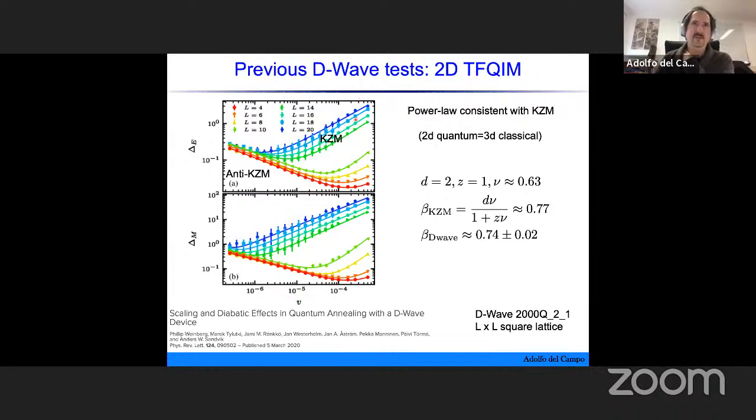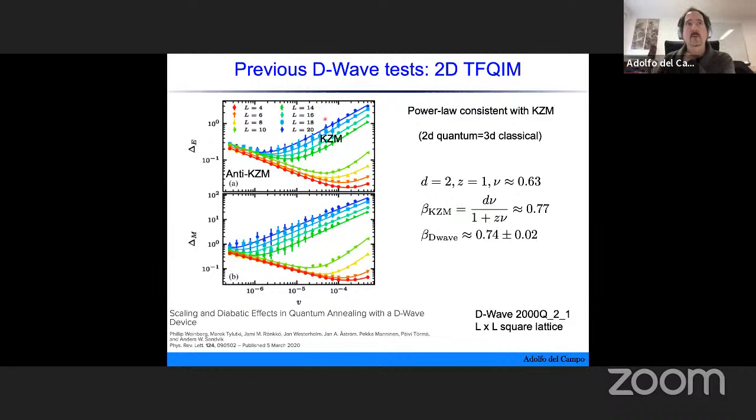So this is very fast, this is very slow. And here they have the counterintuitive thing that the slower you go, the more excitations you have. So this is clearly against the intuition from the adiabatic theorem, but it tells you that you have some sources of decoherence and some sources of heating in the system, that the longer you go, the more time they have to heat up the system.